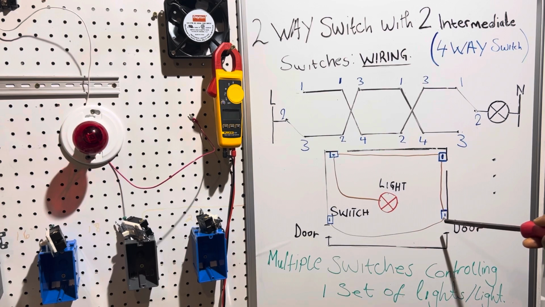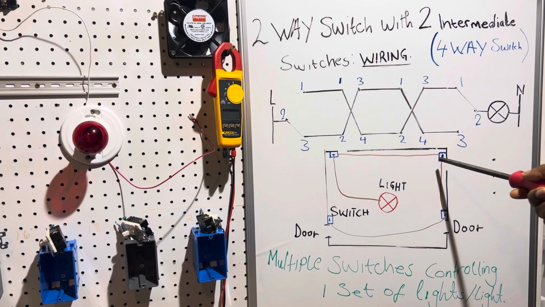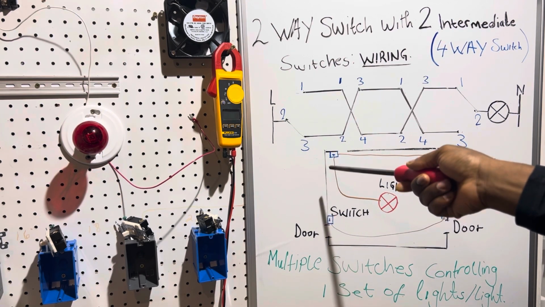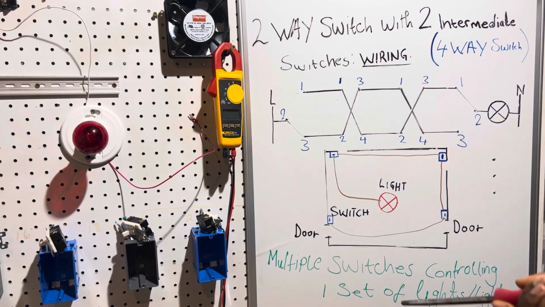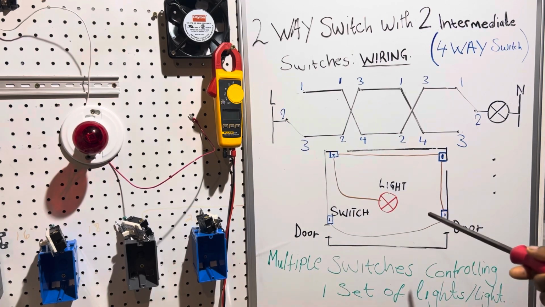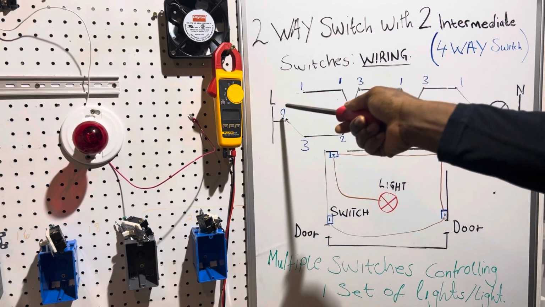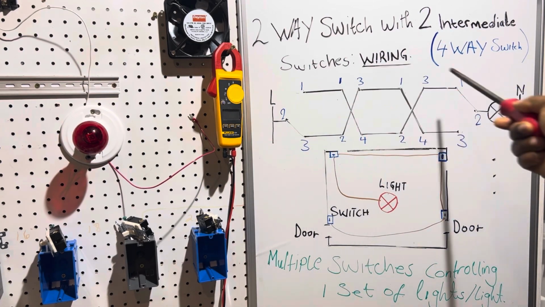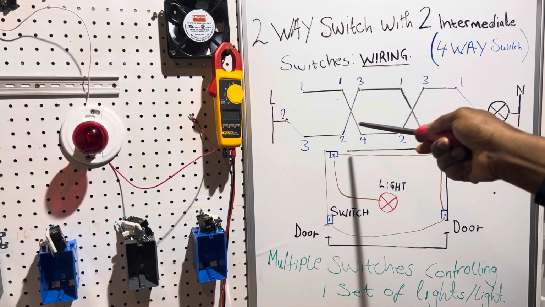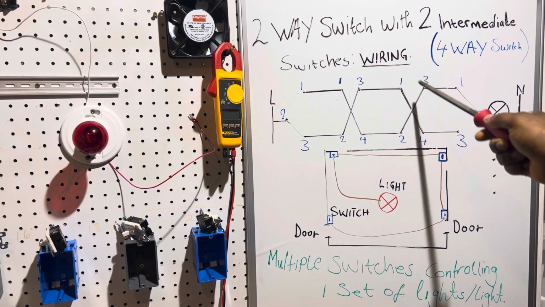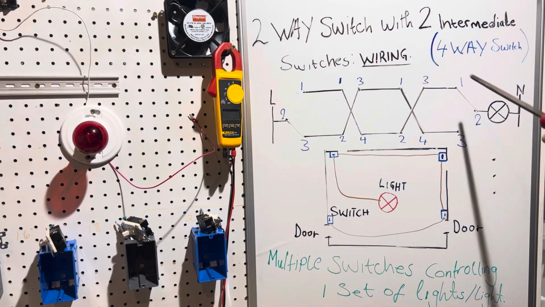This is an intermediate, or four-way, switch, and then there's another four-way switch, and then there's another three-way, or two-way if they're together, so you can control the light at two points. That's why they call them two-way. But this middle one is a switch with four contacts, while this one has three, and corresponds with that.